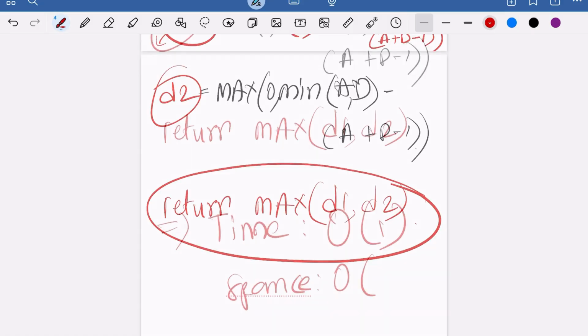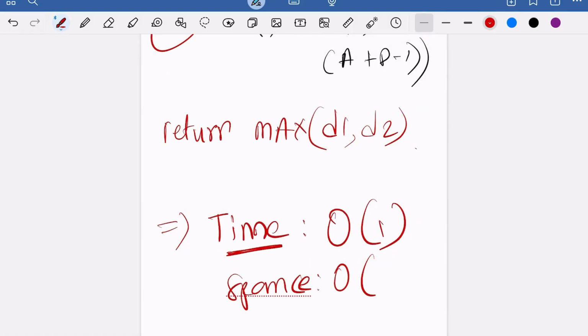That's it. The time complexity to solve this problem is order of 1. The space complexity is also order of 1.